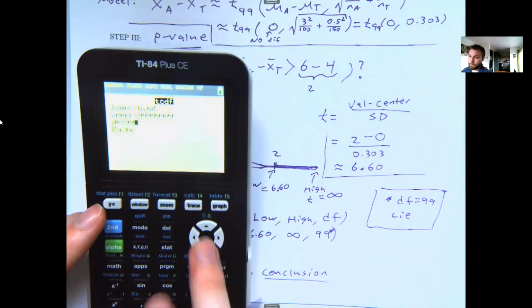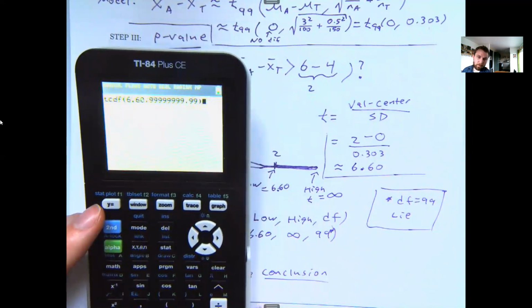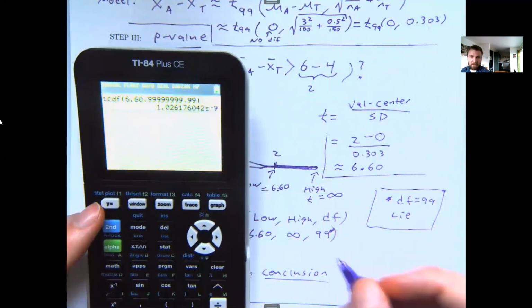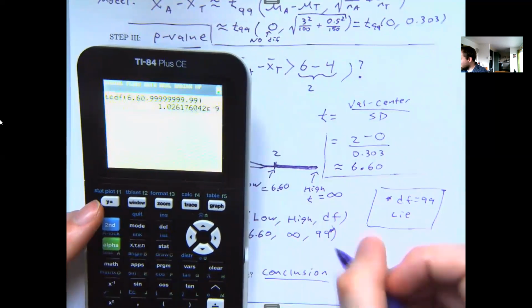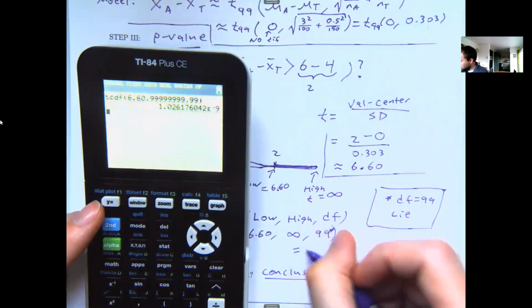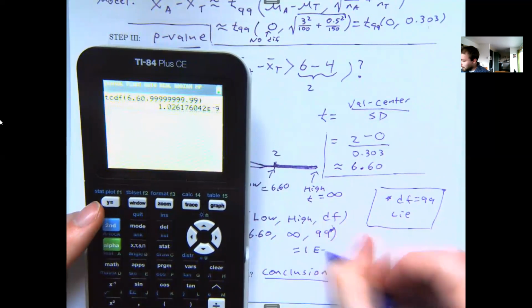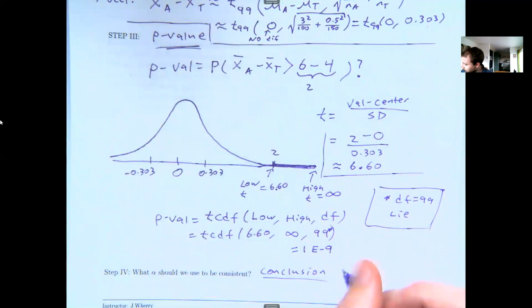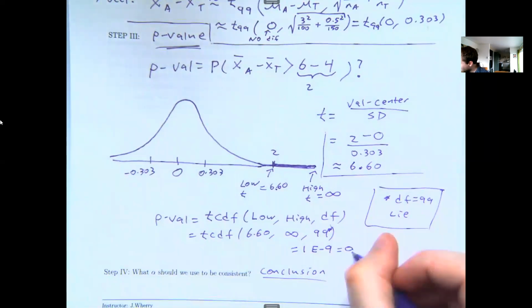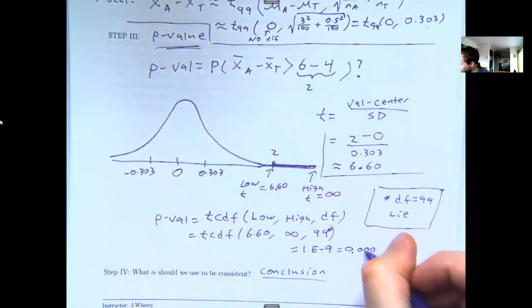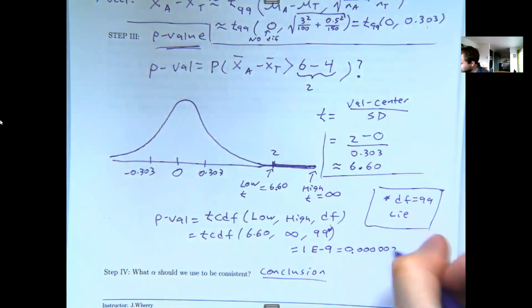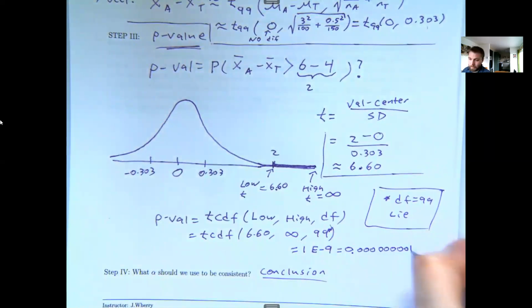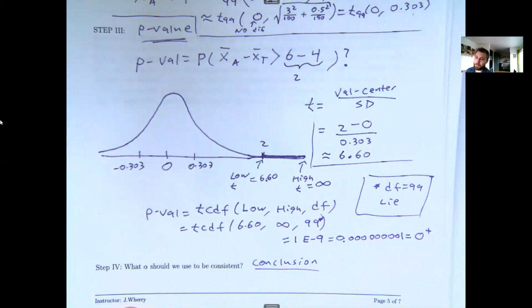I'm being a bit more careful with that degree of freedom. And when I hit enter, I get 1e-9. Reminder, this is scientific notation, so this is really the same thing as 8 zeros, 1, 2, 3, 4, 5, 6, 7, 8 zeros, and then a 1. For numbers this small, we have the notation of 0 plus, so I don't have to write that many zeros out in the future.